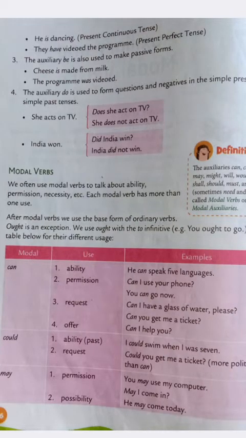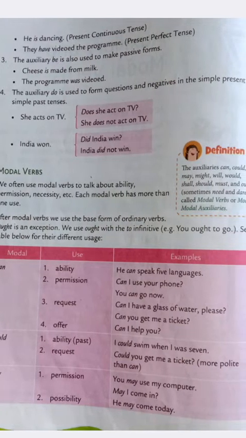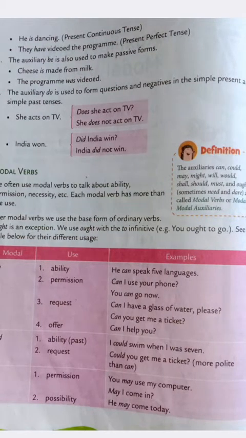Next, could. Ability in the past. I could swim when I was 7. Second, request. Could you get me a ticket? More polite than can.